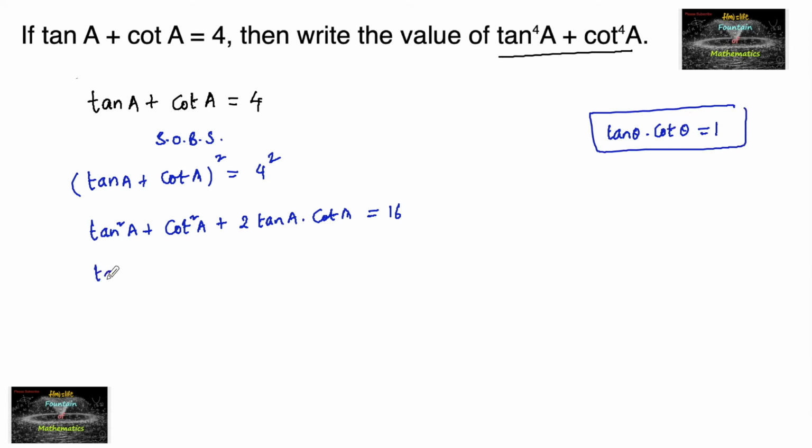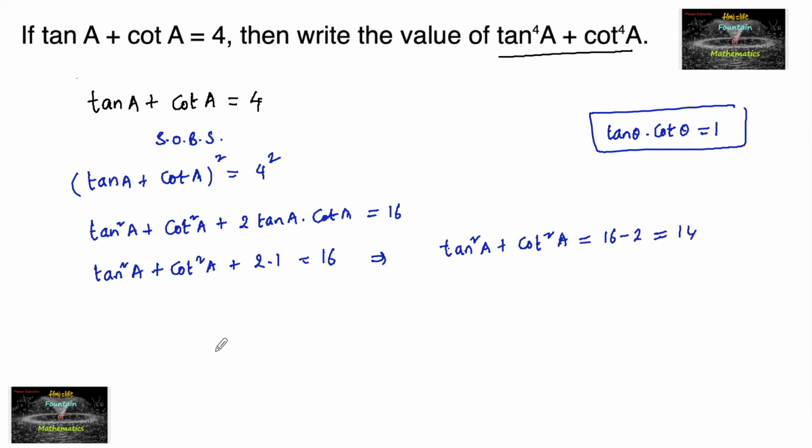So we can write tan square A plus cot square A plus 2 into 1 is equal to 16, or we can also write this as tan square A plus cot square A is equal to 16 minus 2, which is equal to 14.